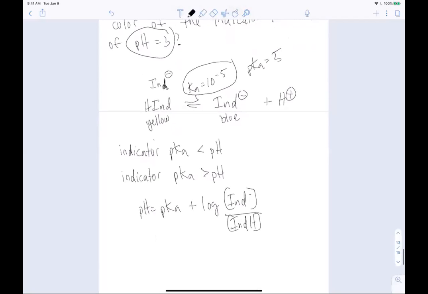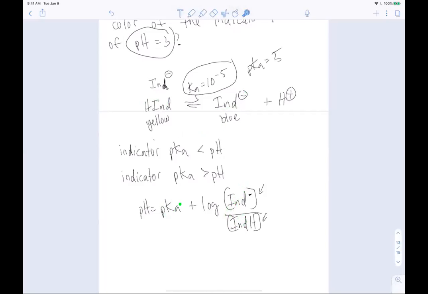And that tells you what the ratio of ionized to unionized indicator, or yellow indicator to blue indicator, would be. When they're exactly equal, 1 to 1, that's when you'd have a green solution. If the concentration of the yellow indicator and the concentration of the blue indicator are exactly equal, you're expecting to get a green solution. That's the intermediate situation, when these two things are equal and the log is equal to 0.